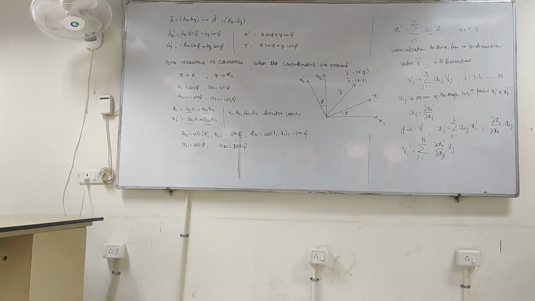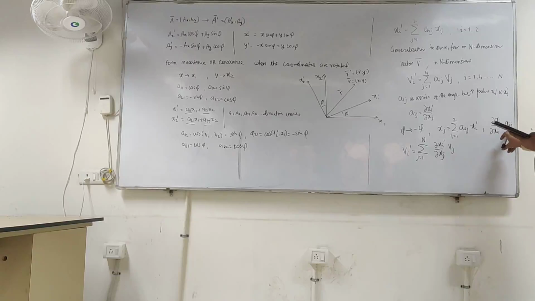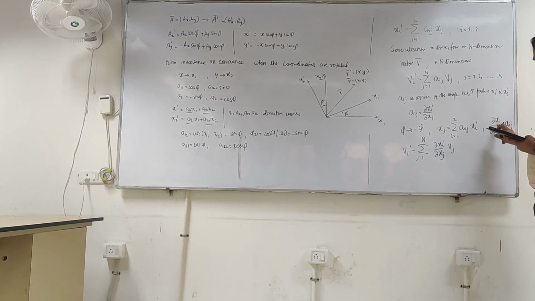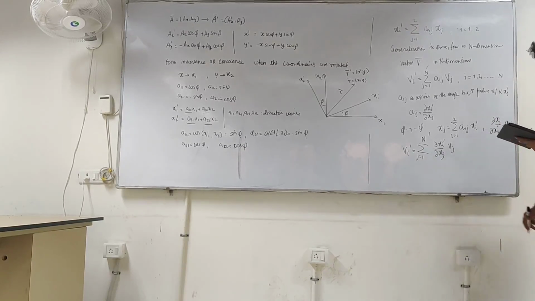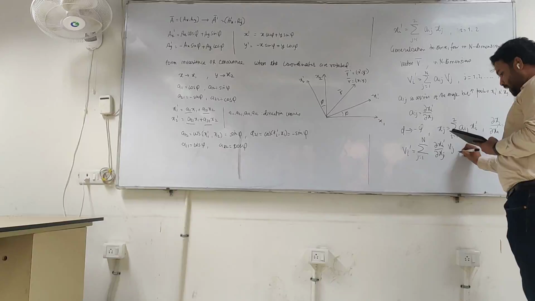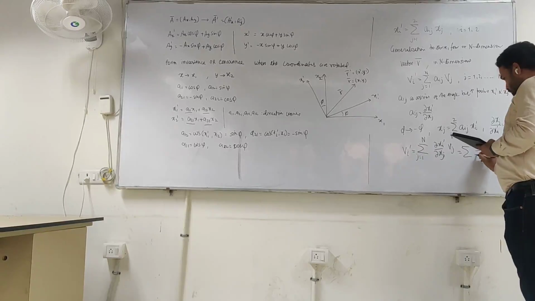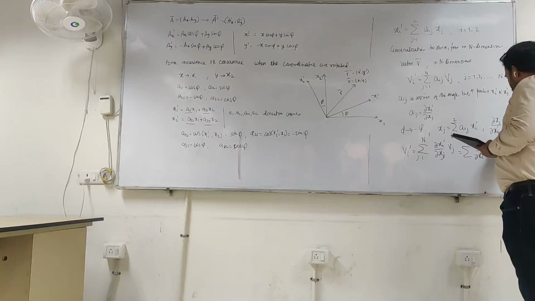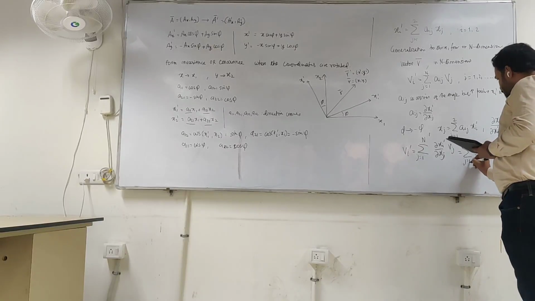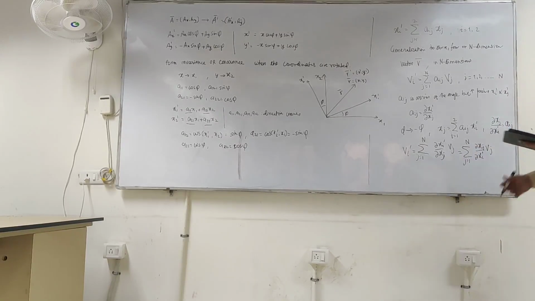Also we know that aij can be written in this form, the partial derivative of xj with respect to xi prime. So I can also write this as dxj upon dxi prime vj, where j is summed from 1 to n.